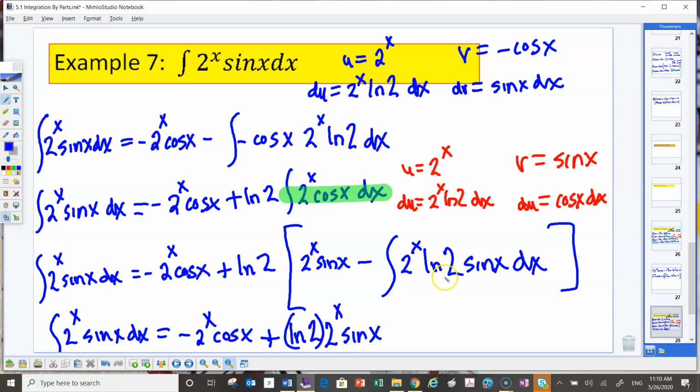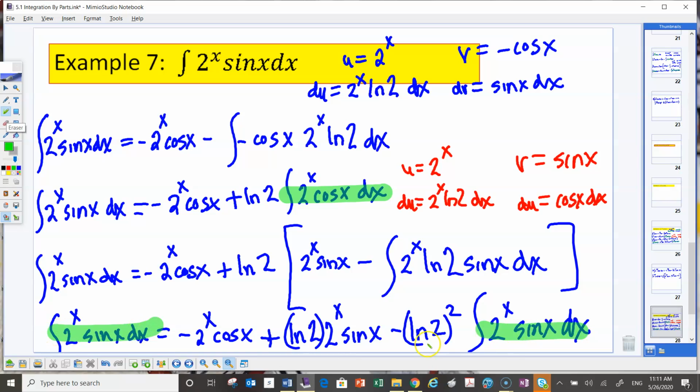And when I bring this ln2 in front of this integral and times it by ln2, it's going to be ln2 squared, the integral of 2 to the x sine x dx. And notice this is the same as this, but I have negative ln2 squareds of these, so I have to add this whole thing to the other side.